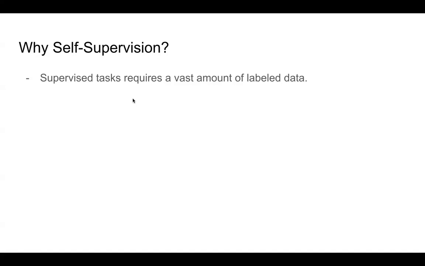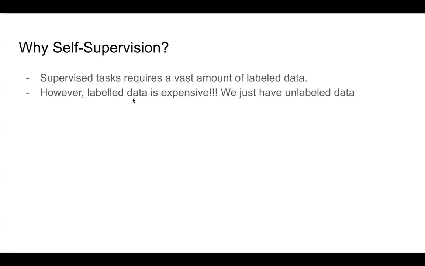Supervised tasks require a vast amount of labeled data. Labeled data is expensive and we just have unlabeled data. If you just go to the internet, you can get a huge amount of unlabeled data for free. You don't need anything, just go and scrape all this data. So the question is how to exploit this unlabeled data.